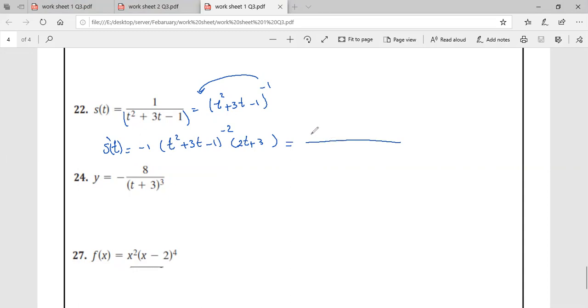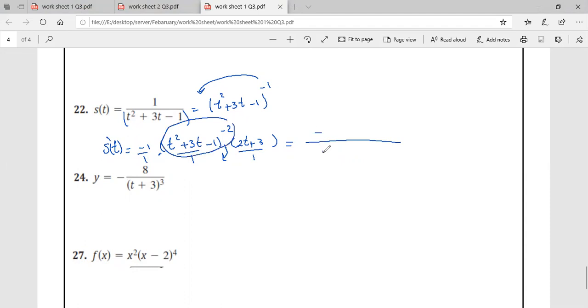It will be negative 1 multiply, and look here, I move this one to be here. That is over 1, that is over 1. I multiply numerator by numerator and denominator by denominator. But as I told you before, don't keep the answer with a negative exponent. So in the numerator it will be negative 1, because this bracket I move to the denominator.